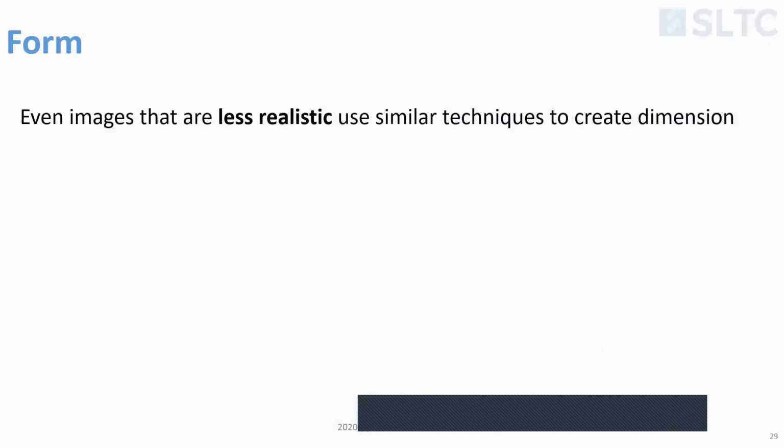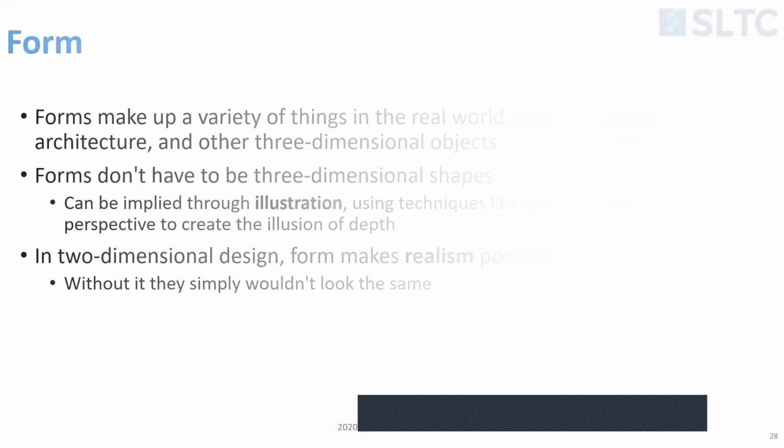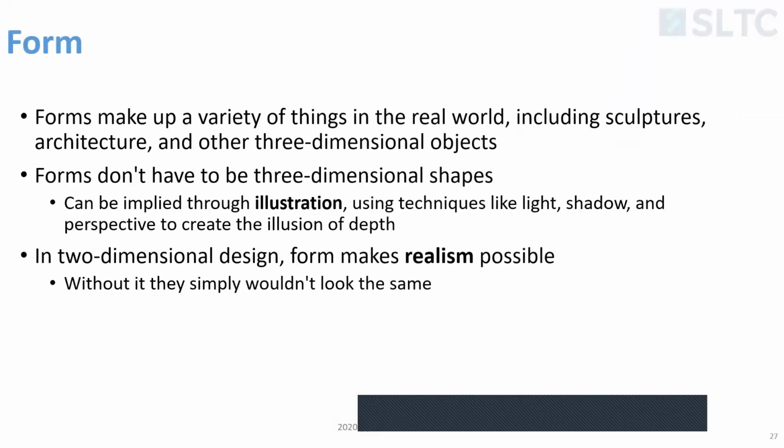And now comes the form, right? So what does that form mean? The definition is: make up a variety of things, include sculptures.